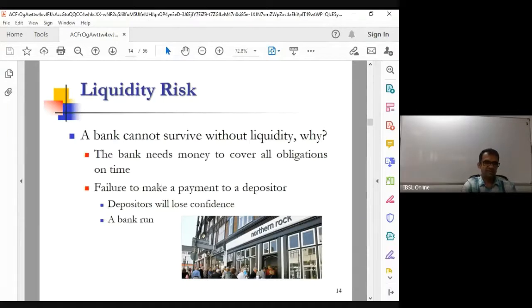So I mentioned, if a single bank fails to meet its obligation, the minimum impact is a bank run. That means that particular bank collapses. A good example is Northern Rock during the 2008-2009 crisis.